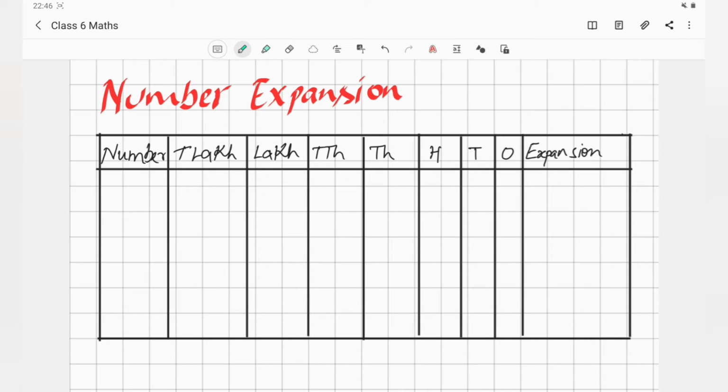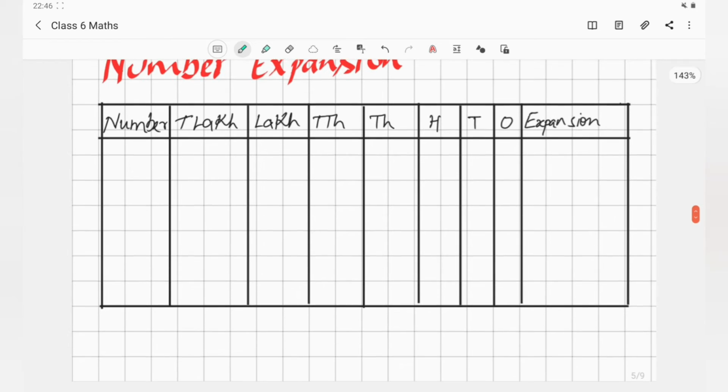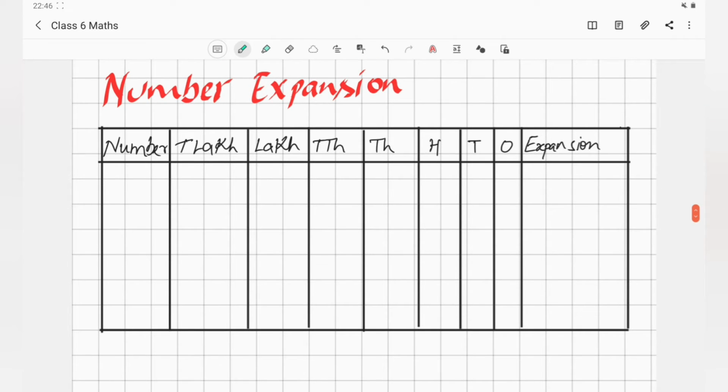You can create this kind of table to break up a number in terms of its place value. When we are expanding a number, we are writing multiplied by 10 and multiplied by 1000. What we have done in this table is create different columns which represent 1000, lakh, 10,000 or whatever, right?